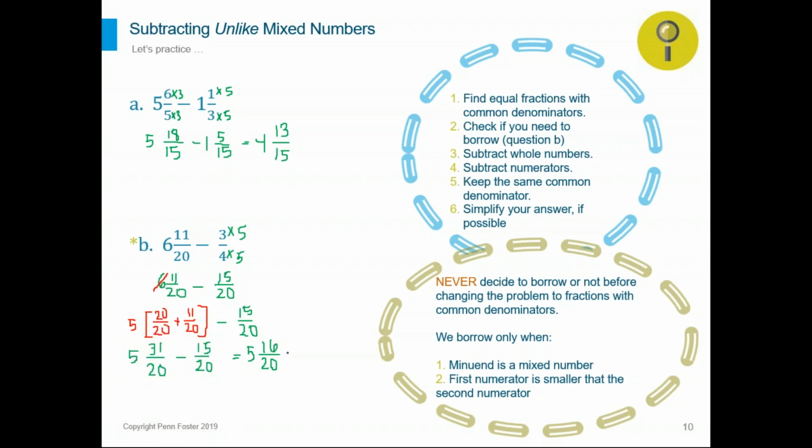Both of them are even numbers. Then I can just divide over 2, or I can divide over 4 actually. That would be easier. So the answer now would be 5. 16 over 4 is a 4. 20 over 4 is a 5. And this is the final answer in simplified form.